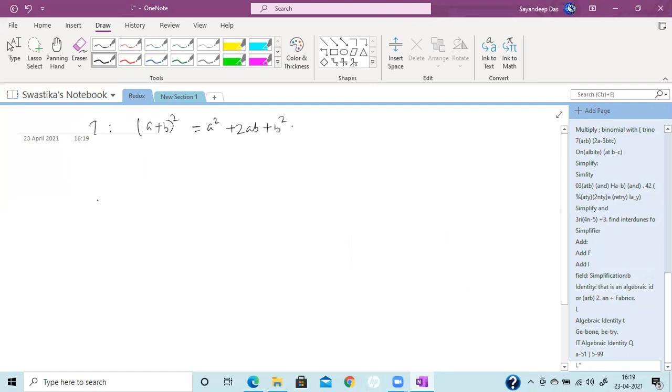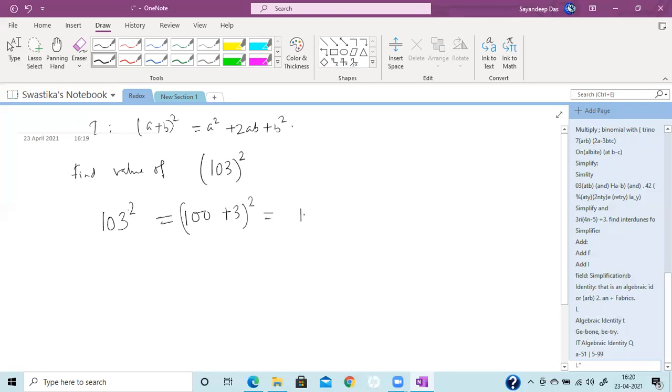Now suppose you are given a problem: find the value of 103 whole square. So how will you expand this 103 whole square? 103 means 100 + 3. So easily you can write 103 means 100 + 3. So 103² means (100 + 3) whole square.